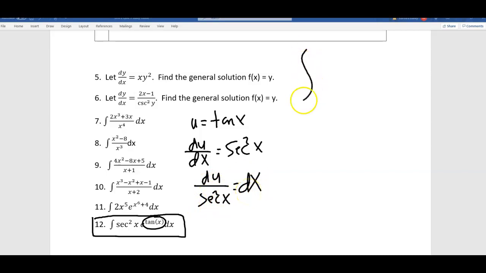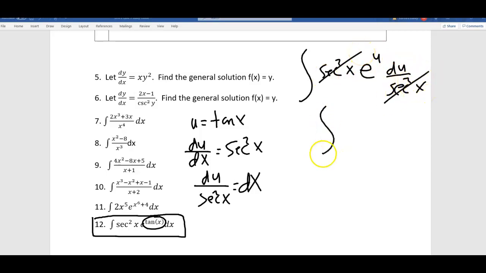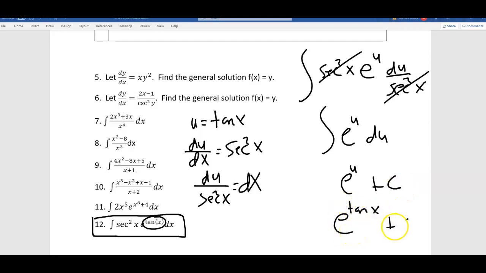So doing my u substitution, we have secant squared x, e to the u, du over secant squared x. Those go away, and now I'm left with this. And the integral of e to the u is just e to the u plus c. Finally, putting the u back in, we have our final answer.